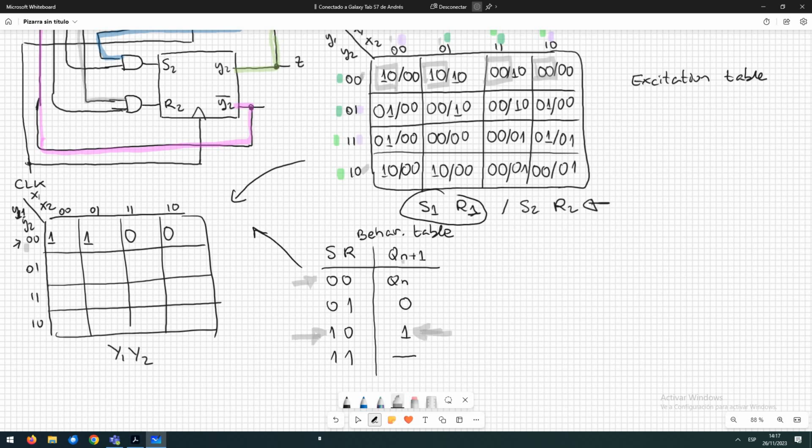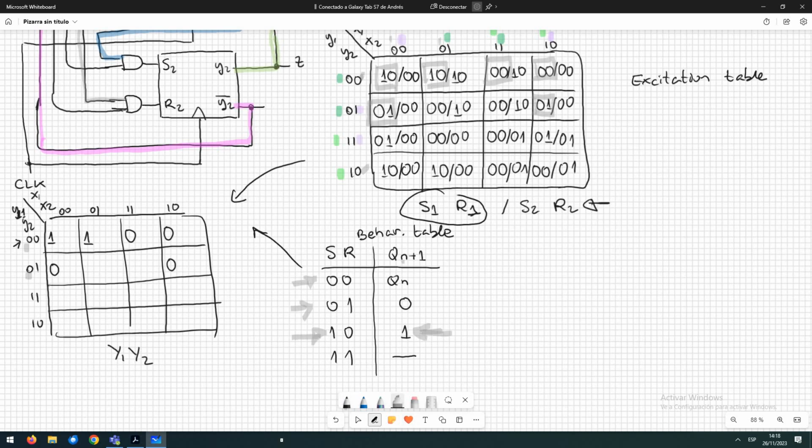So now we have that the state is 0 and the combination in the inputs of the bistable is 0, 1. With 0, 1 we are going to reset the system, so the output is going to be 0. We have another 0, 1 here, so the output is going to be 0 as well.